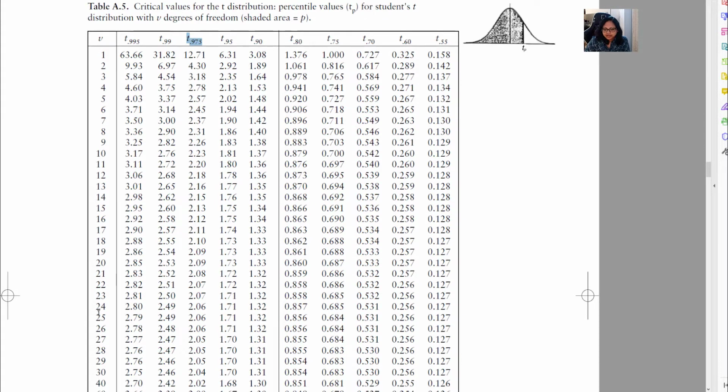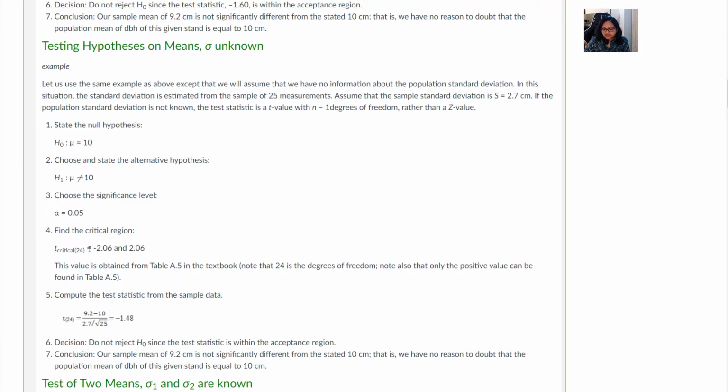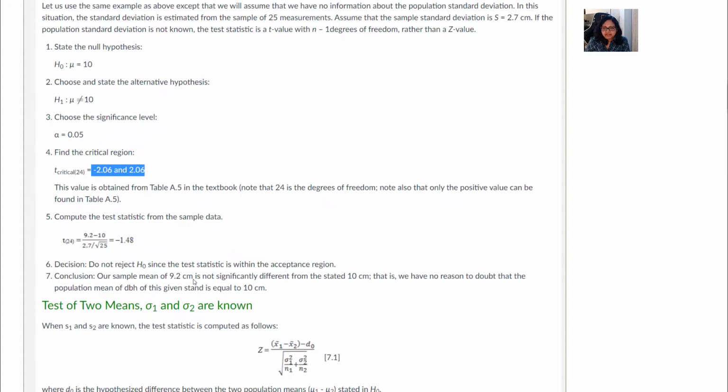So for degrees of freedom 24, the t value is 2.06. Okay, so let's go back. That's what we use, negative and positive 2.06.